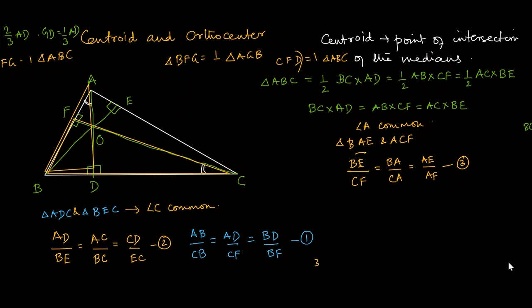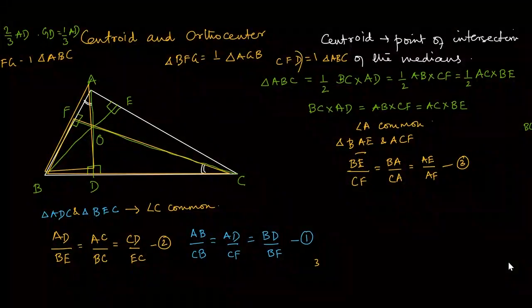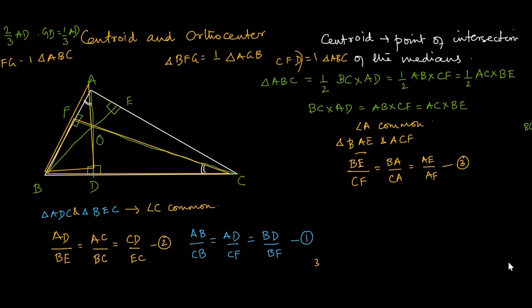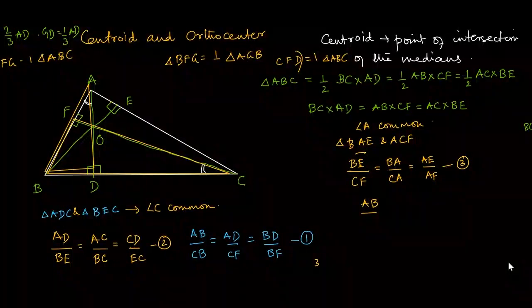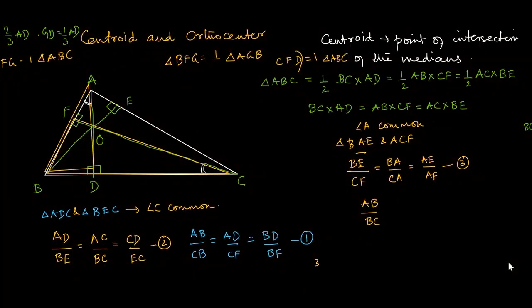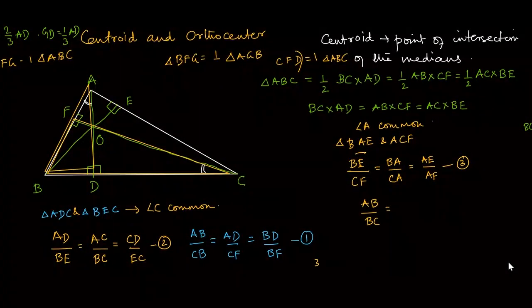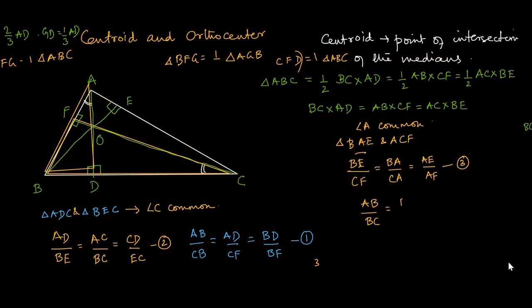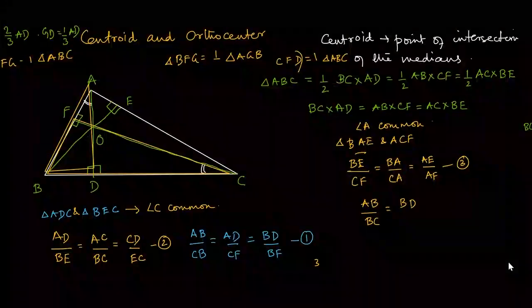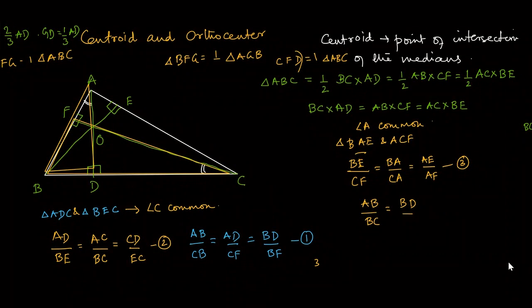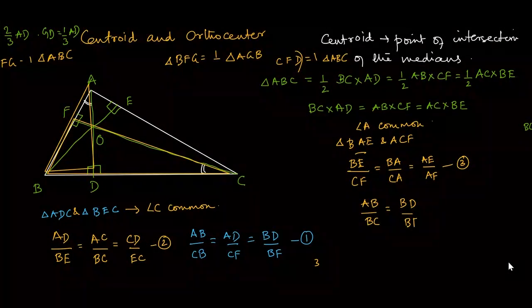From my first equation, I can write AB by BC is equal to BD by BF, right?